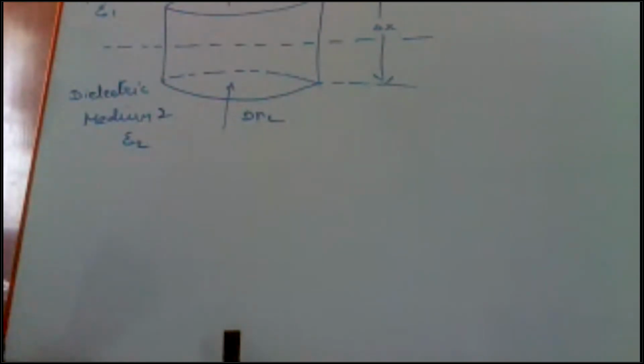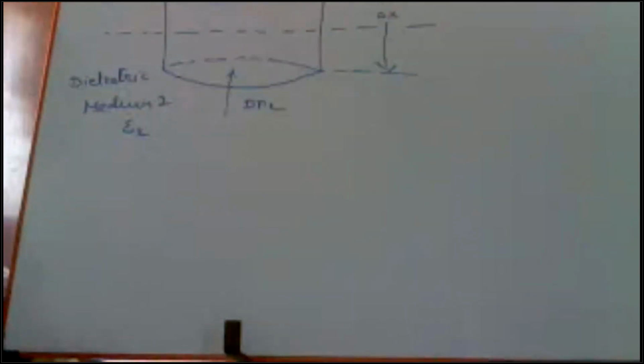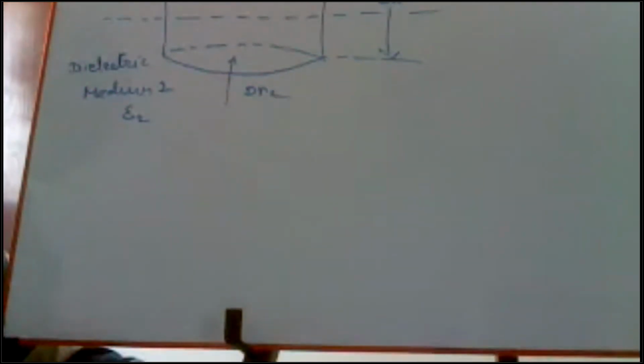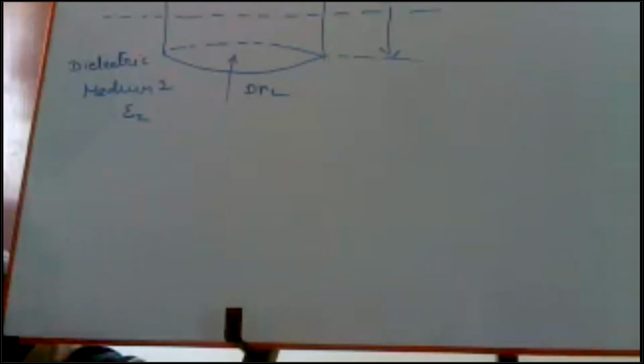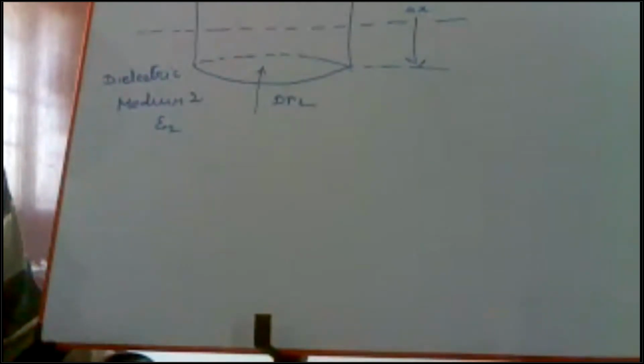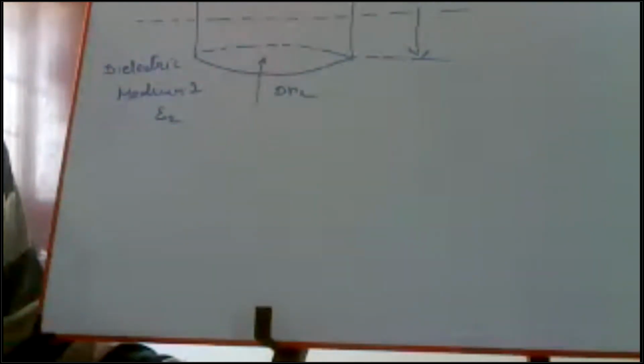This is dn2. And this particular height of the pill box is del x, right? And here the area can be taken as ds. Is it okay? This is the pill box arrangement which I am going to consider for the proof of the second statement. Is it okay? Yes, sir. Height of the pill box is del x, dn1, dn2, I have assumed, right?